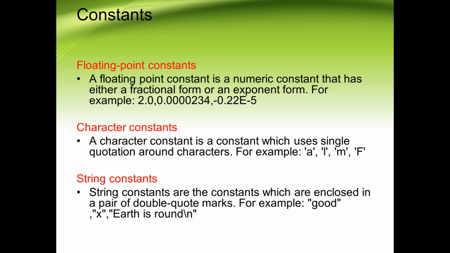There are floating constants like 2.0, 0.00 and others. Character constants have single quotes around a character, like A, L, M, F in our examples. And string constants are in double quote marks.